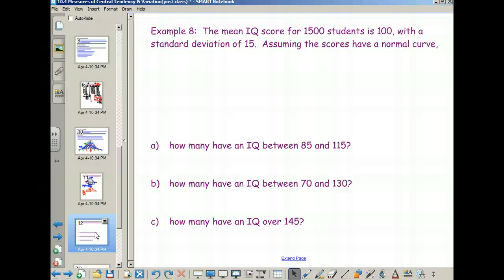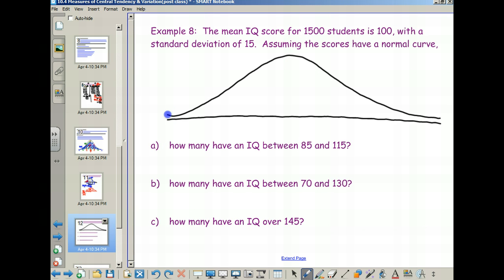So I want to start with the picture and putting in all my standard deviations, like where they lie. What is my mean? 100. What is the standard deviation here? 15.